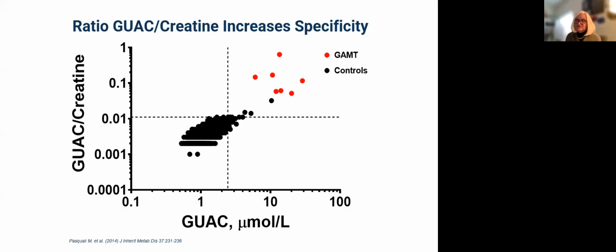When we started the screening, we also developed a second-tier test, which allowed us to further increase the specificity. And really, in our original pilot, there were no false positives.